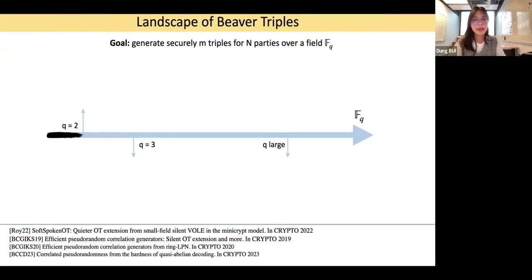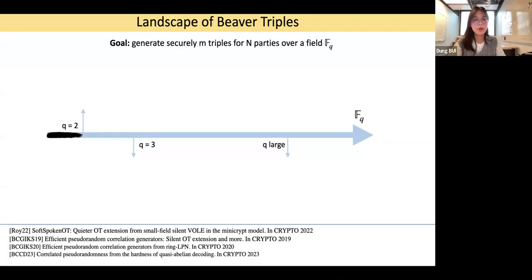Now let's see the landscape of Beaver triples using the PCG framework. The goal here is to generate n Beaver triples for n parties over the field F_q. We will see the landscape based on the size of the field.